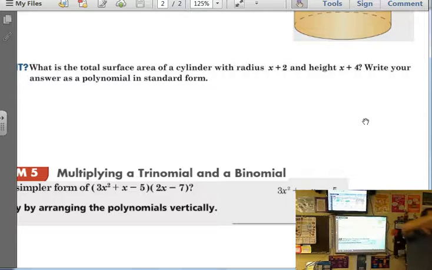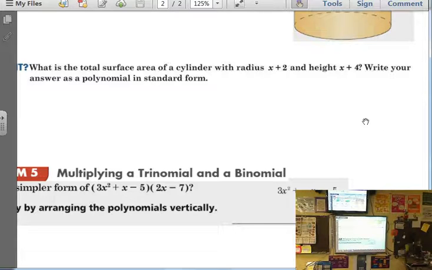Because when we go to do pi times the radius squared and we square x plus 1, that is not x squared plus 1. That squared comes out to be x squared plus 2x plus 1. You're missing that middle term because you didn't follow the process. So here's your issue.